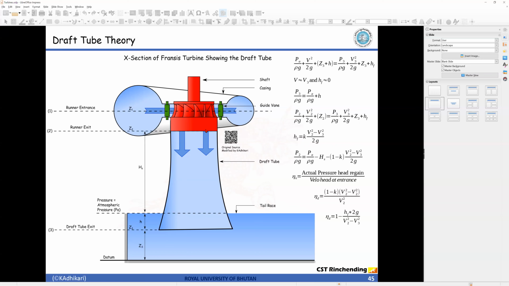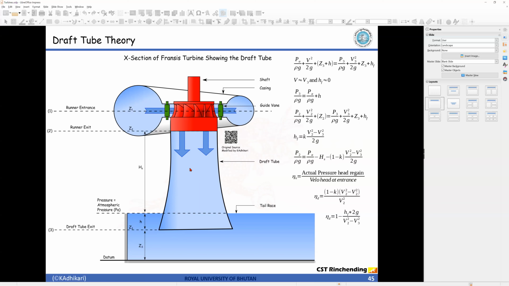Here the pressure at this point is less than atmospheric pressure. Water here, the pressure is more, so it would go up. But because of the draft tube, if you compare the pressure at this point and at this point, the pressure at this point is now more, right? That's why the water won't go up. So this is the main function of the draft tube.